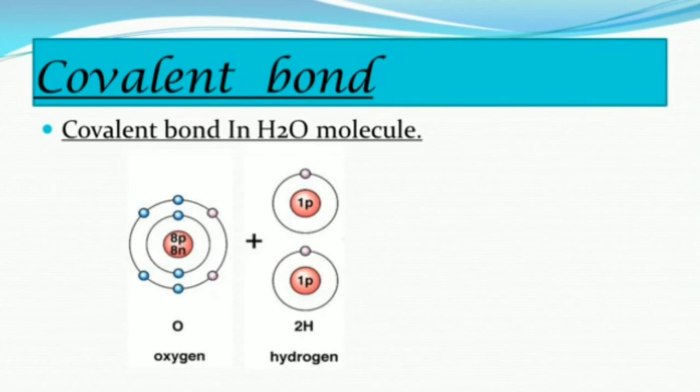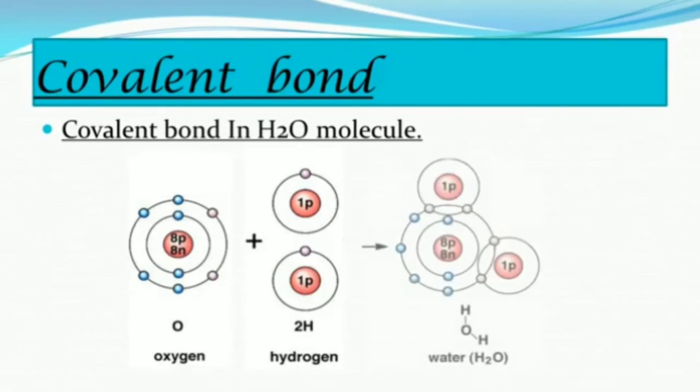In the H2O molecule, the oxygen atom completes its octet by forming two covalent bonds, one each with the two hydrogen atoms. The valency of hydrogen is 1.